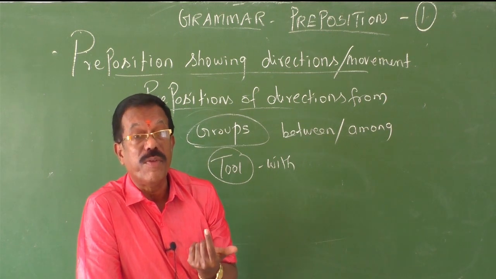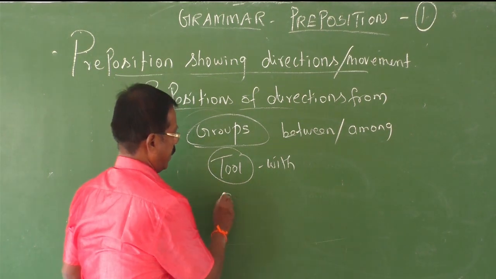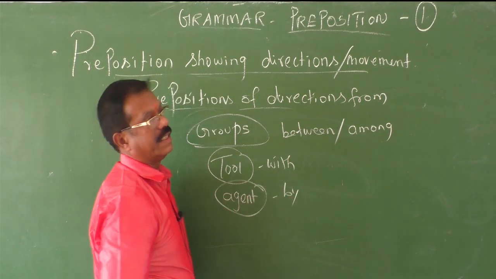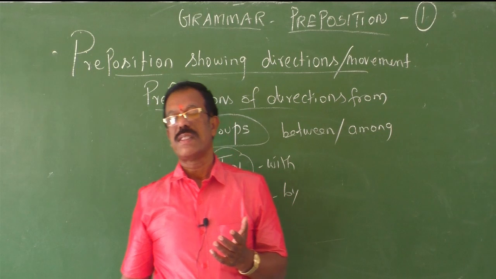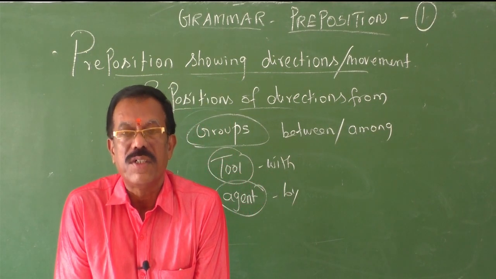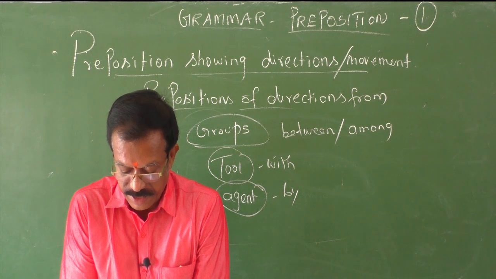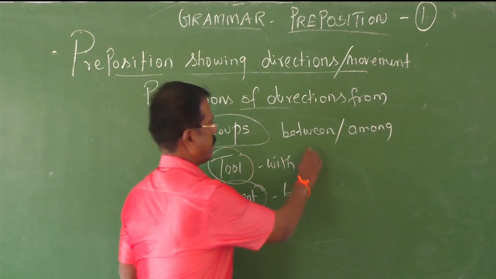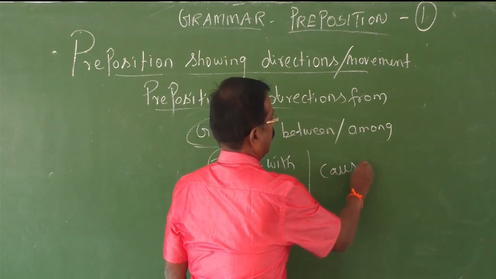By is used before the agent. The letter was written by his mother. It was written by him. So agent.